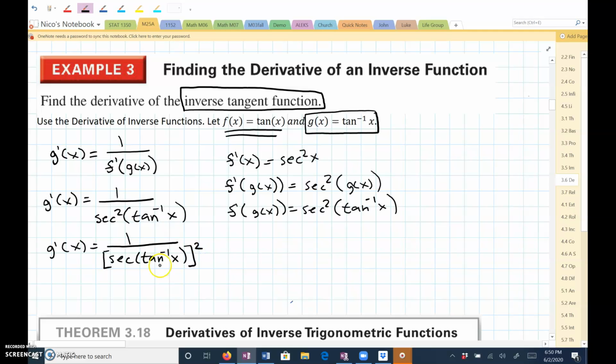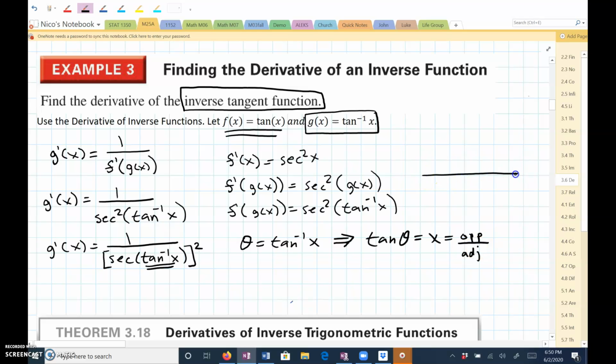Okay? Also notice right here, this has to be an angle, so I'm going to call this theta. Theta equals inverse tangent of x, or another way to think of this would be tangent of theta equals x. Well, we know tangent theta is equal to the opposite side over the adjacent side.